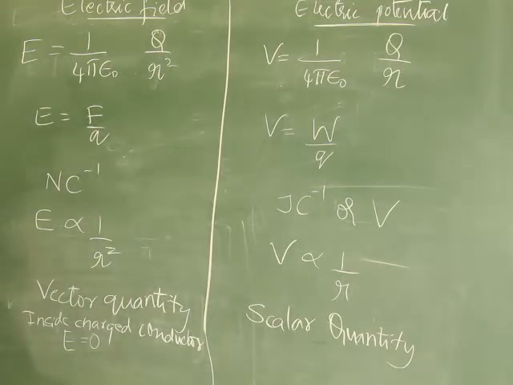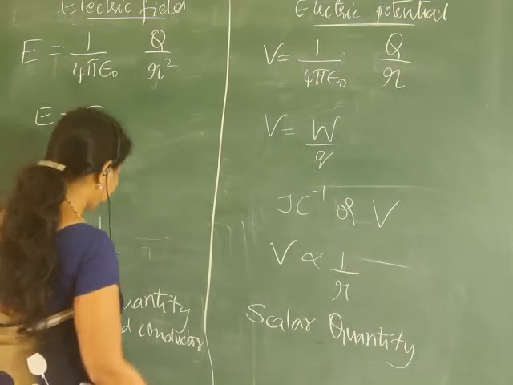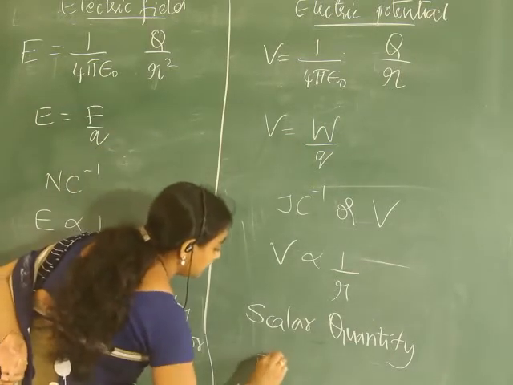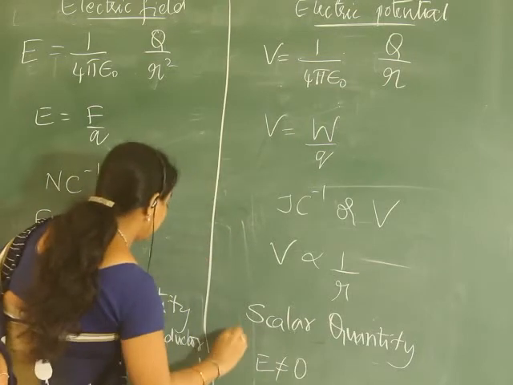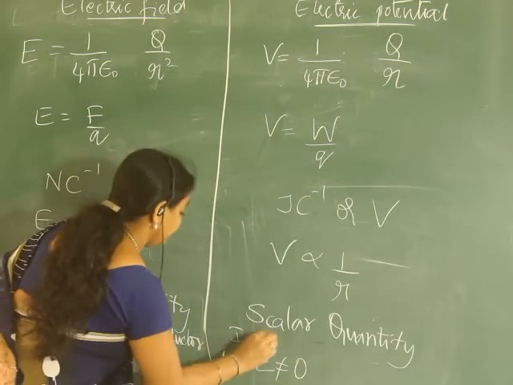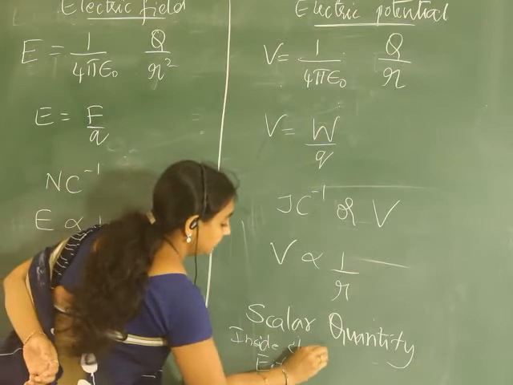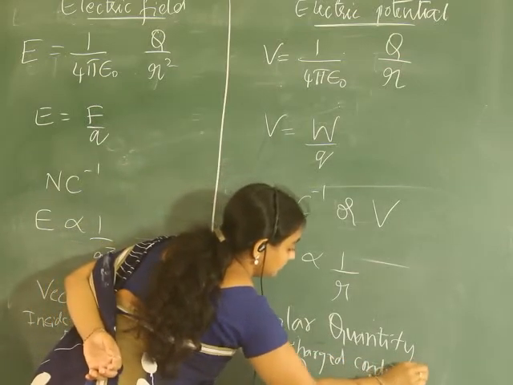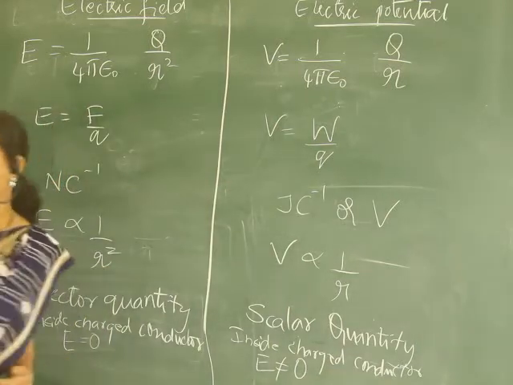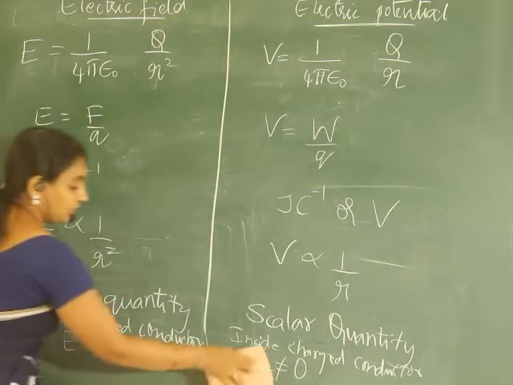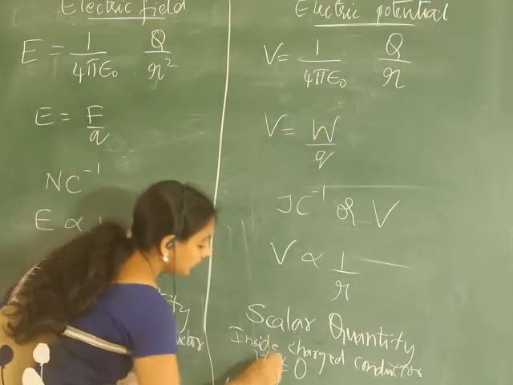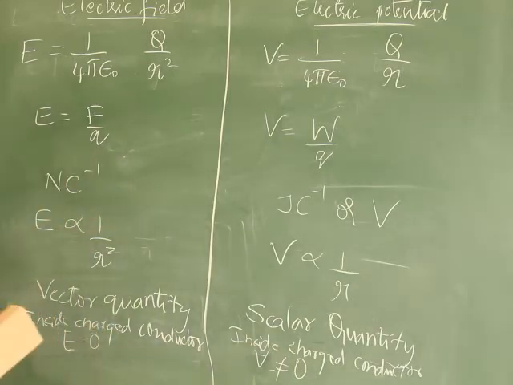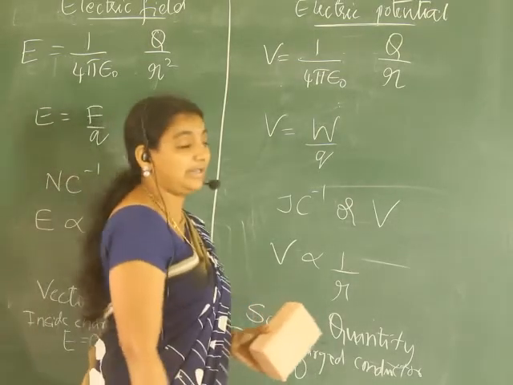It is not 0. So when we compare, we will say V is not equal to 0 inside a charged conductor. Not E, sorry, V. I'm sorry, use the term V, because we use the term V for electric potential.